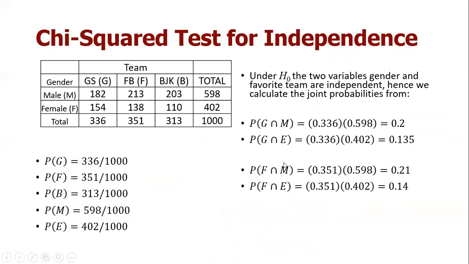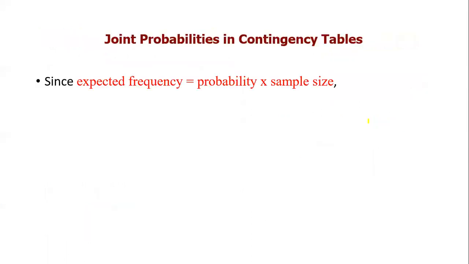So G and M, F and M, F and A, and so on. All these probabilities can be calculated by just multiplying two of them. 0.336, which is here, times 0.598, which is here.